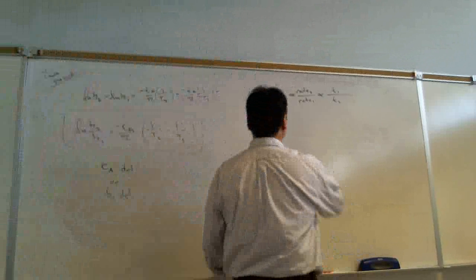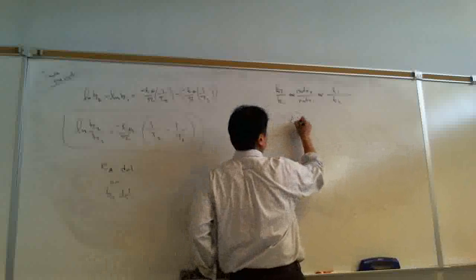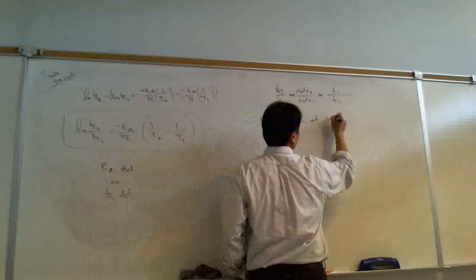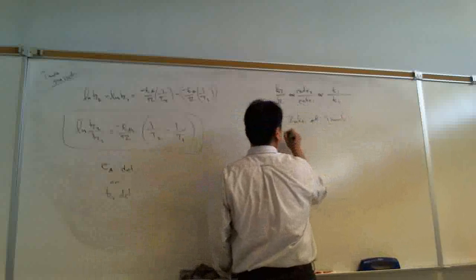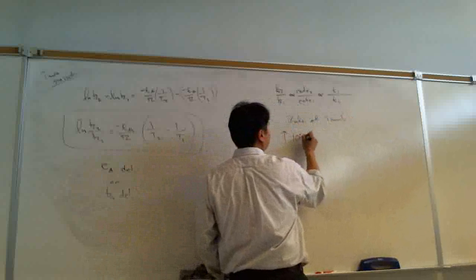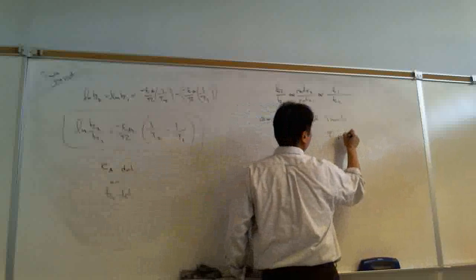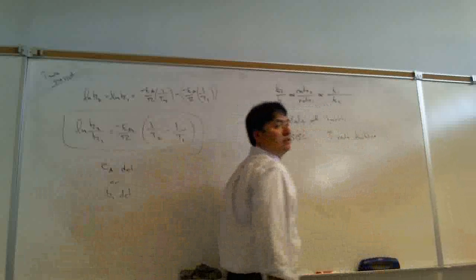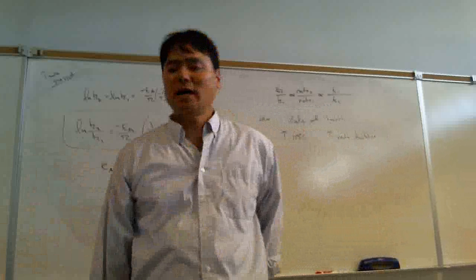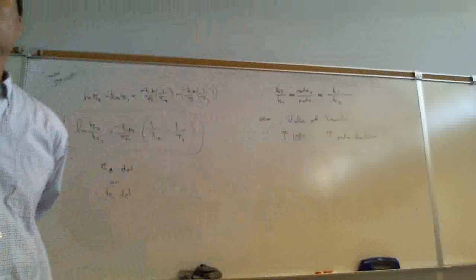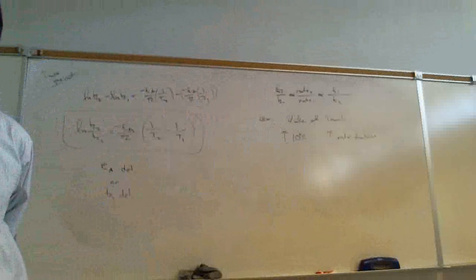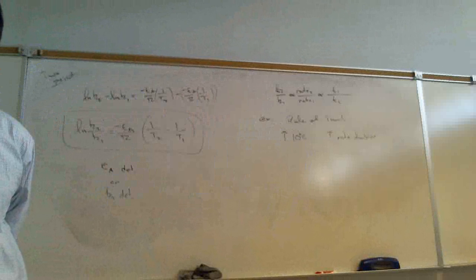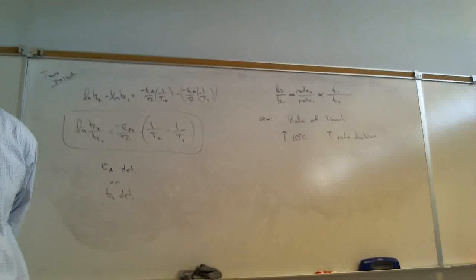And so this rule is, if we increase T by 10 degrees C, then the rate doubles. So they have high altitude cooking directions, because water boils at a lower temperature, therefore you need to increase the amount of time you cook.